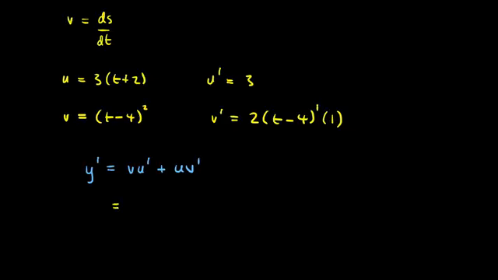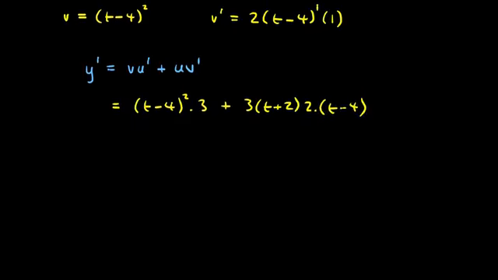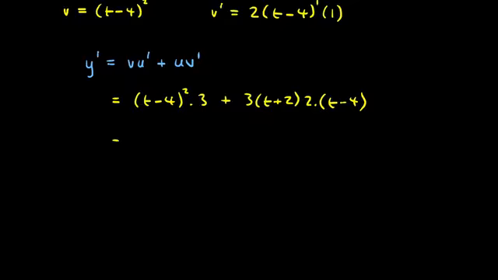All right, next thing. We just got to substitute in. So if we substitute in our v, we're going to get t minus 4 all squared times 3, plus, if we multiply through here, 3 bracket t plus 2 times 2 times t minus 4. Well, I think it's probably a good idea to factorize, isn't it? We can factorize out t minus 4. If I do that, I get t minus 4, big bracket, 3 times t minus 4, plus 6 times t plus 2.